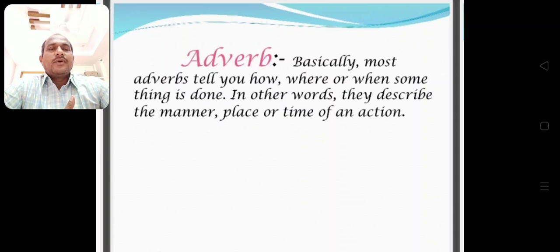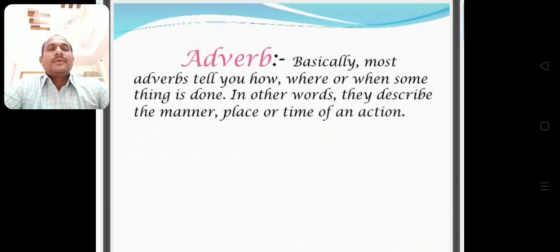Most adverbs tell you how, where, or when something is done. In other words, they describe the manner, place, or time of an action.